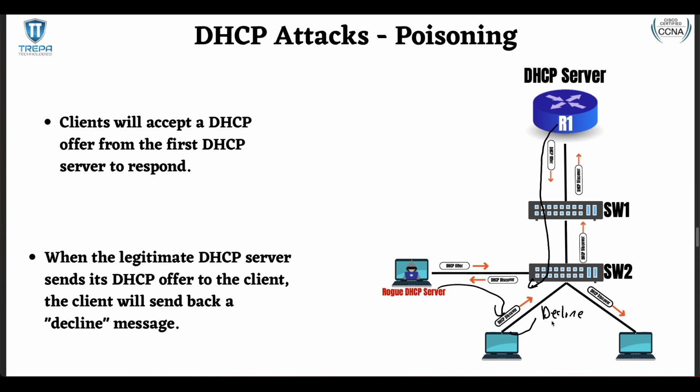Another DHCP client message called a decline message, saying, hey, I actually don't need your offer, I already got one, okay? So there are no built-in protections against a DHCP poisoning attack unless we do that DHCP snooping and enable it on all of our switches.